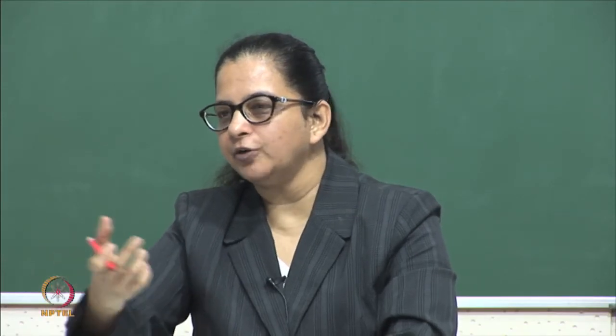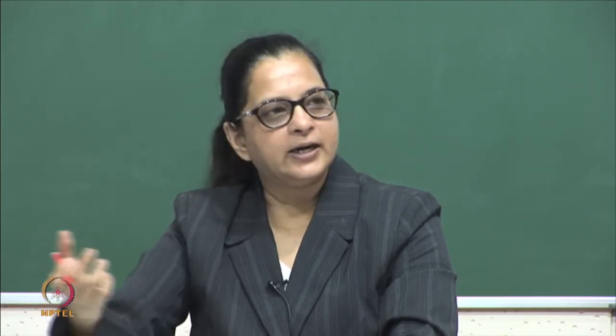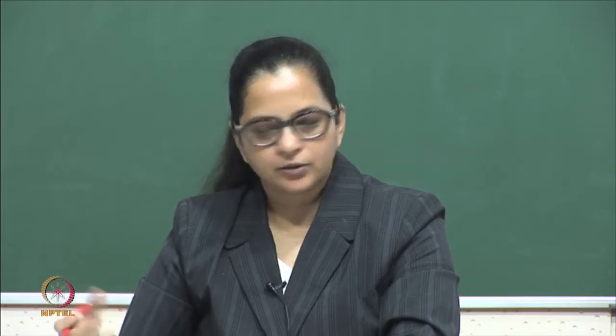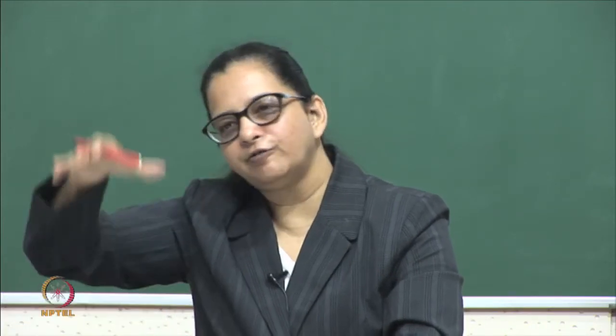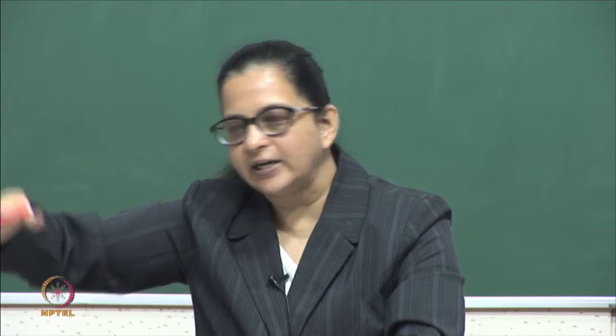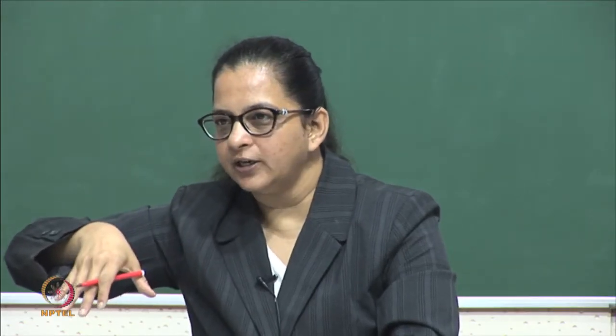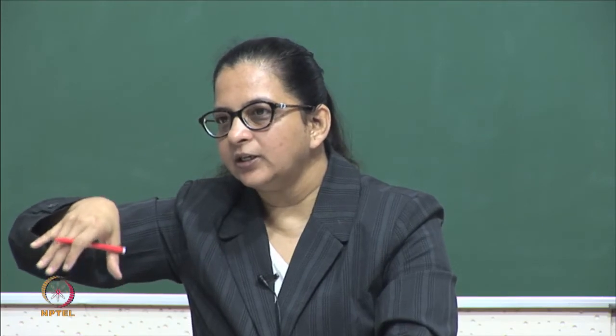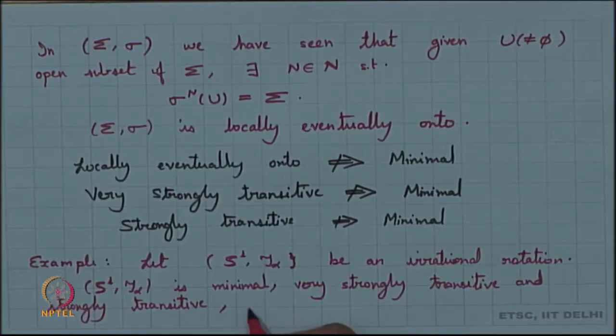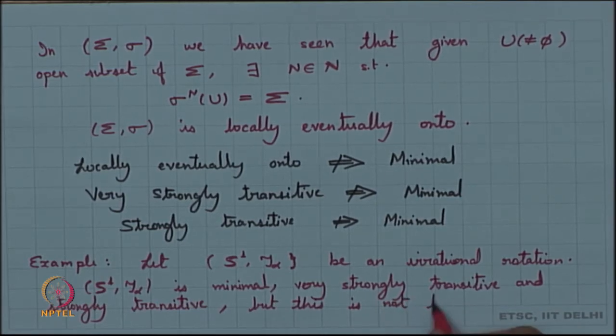The diameter of u remains constant under any iterate of T alpha. So, this is an equicontinuous system, and hence you cannot find an iterate for which you will expand to cover the whole of S1. The whole circle cannot be covered by any iterate of u. And so, this is not locally eventually onto.